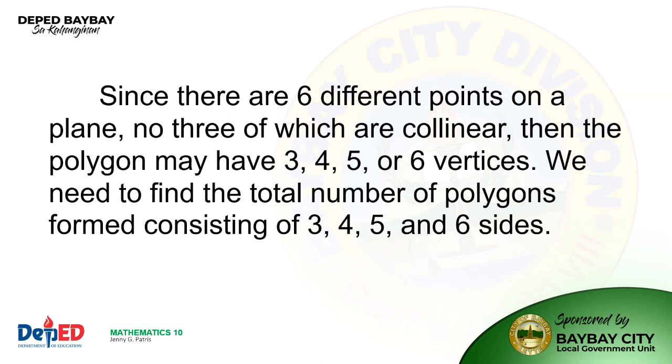We need to find the total number of polygons formed consisting of 3, 4, 5, and 6 sides. The concept of combinations can be applied in determining the number of 3-sided, 4-sided, 5-sided, and 6-sided polygons.